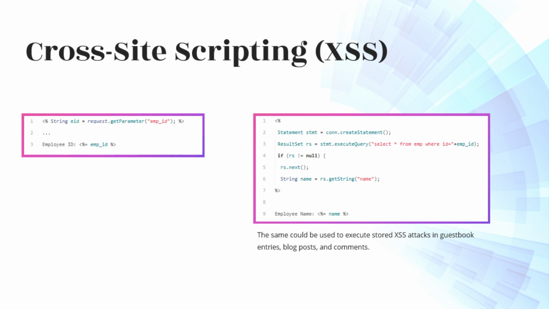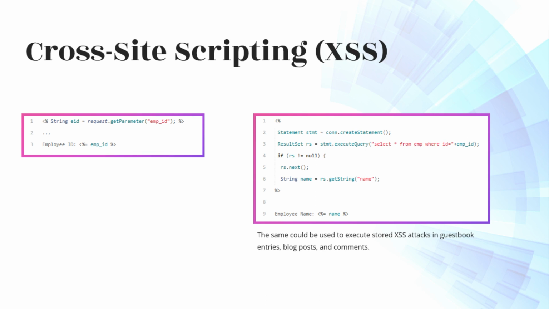And because of no input sanitation or validation done, the user might use that URL parameter in order to input a script to run on the victim machine. And once he sends out that URL to the victim, that URL will actually execute that script. This is one example of a reflected cross-site scripting attack.